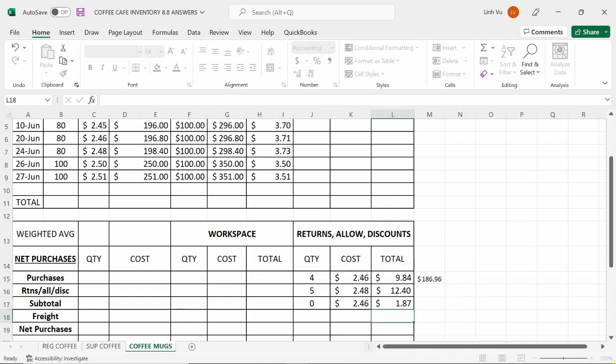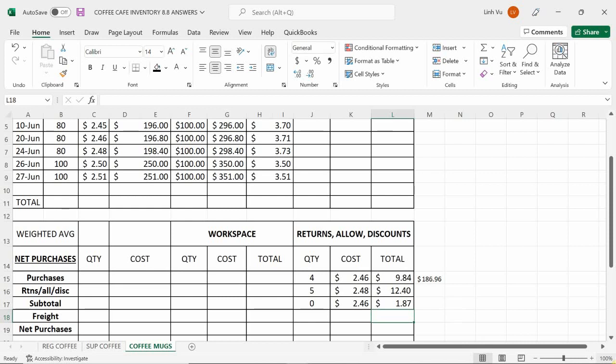You're going to be discounting $1.87. So if you're discounting $1.87, then you're going to pay the second bill significantly lower. So you're taking a discount for $1.87.